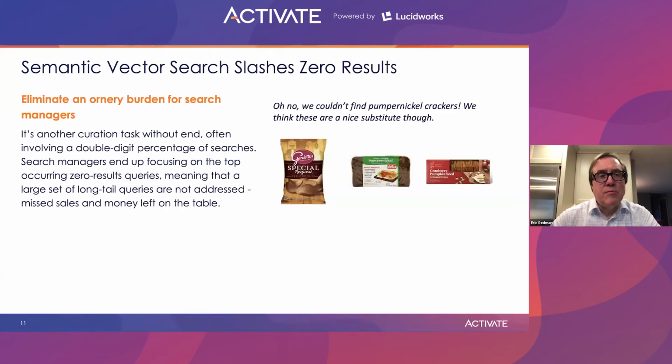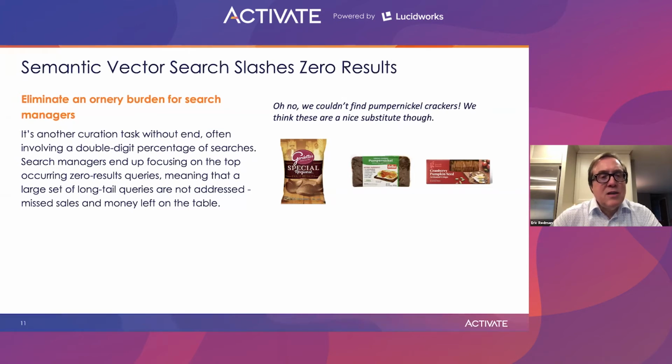Here's another related problem that semantic vector search is good at dealing with, and that is zero results. You can really slash your zero results rate with semantic vector search. And again, that's related to this idea of a more intuitive representation of recall. But there's a lot of curation really specific to zero results that semantic vector search frees up.